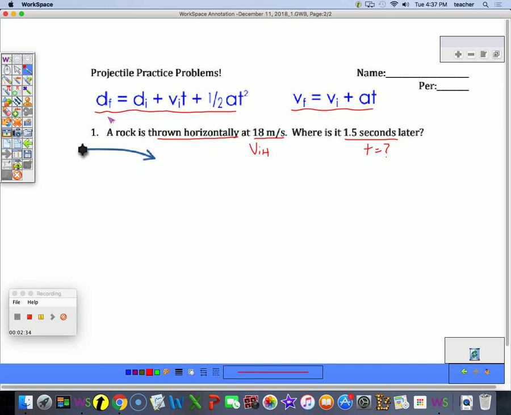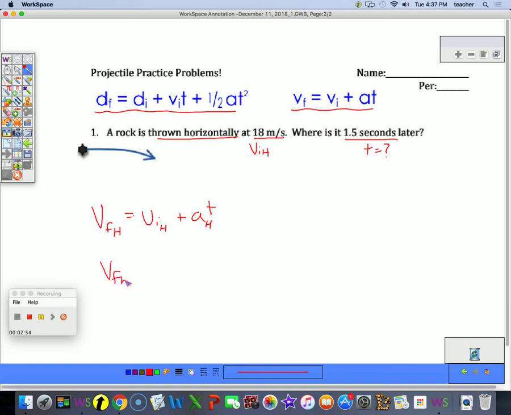Notice the time doesn't have a horizontal and vertical because that fits both. I'm looking for VFH. I know VIH is 18 meters per second. I know AH is 0 because the ball is not accelerating horizontally, only vertically. And the time I care about is 1.5 seconds.